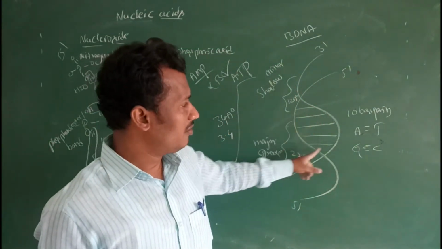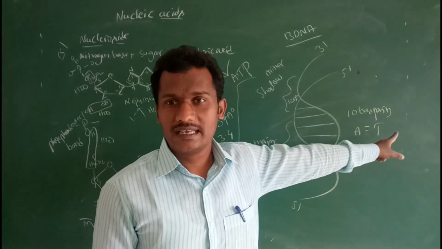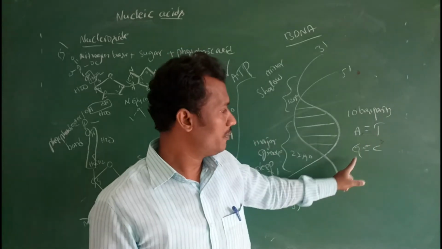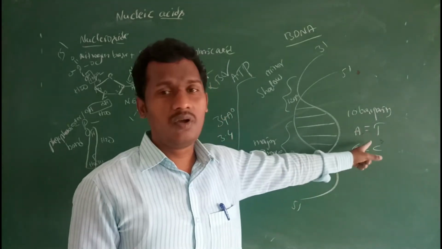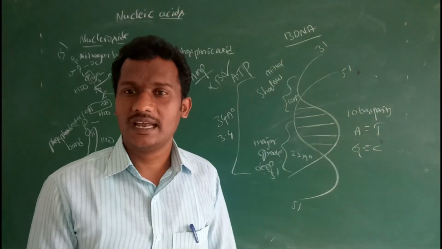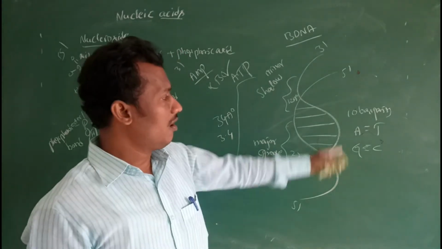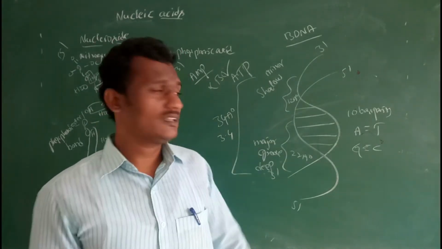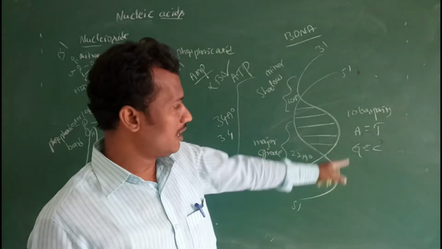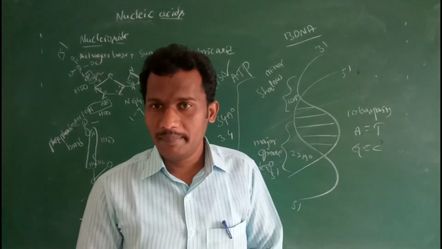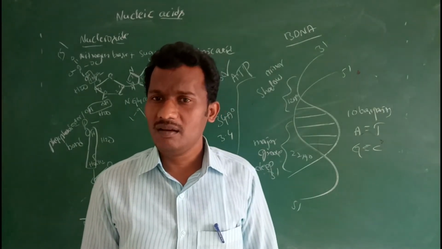So a purine in one strand always comes opposite to a pyrimidine in the other strand. This is known as the complementary nature. Adenine always base pairs with thymine with two hydrogen bonds, and guanine always base pairs with cytosine with three hydrogen bonds.